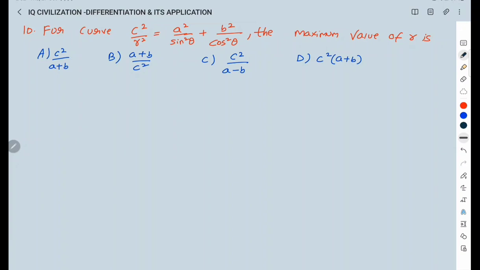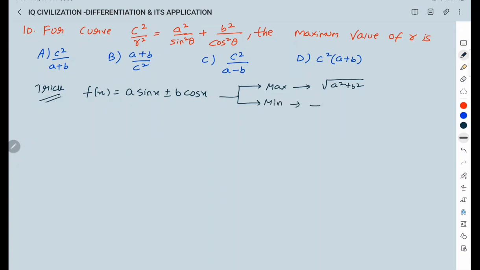Now here comes the maxima and minima models. So this is very, very important. For the curves given, we have to find the maximum value. Sometimes the curve is given, we have to find the minimum value. So we'll just note down the trick. If f of x is equal to a sin x plus or minus b cos x, then maxima value is root over a square plus b square. Minima value is minus root over a square plus b square.